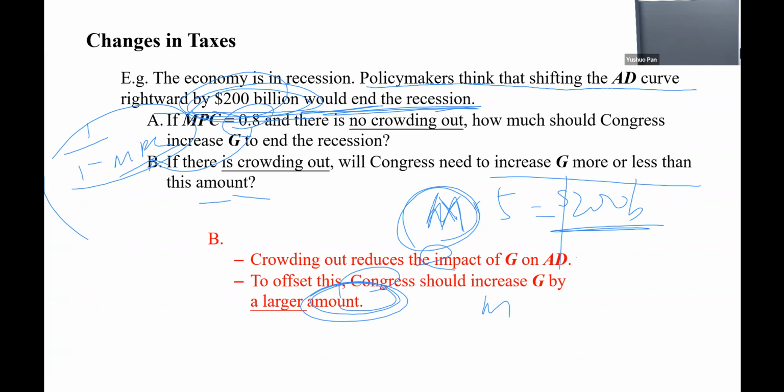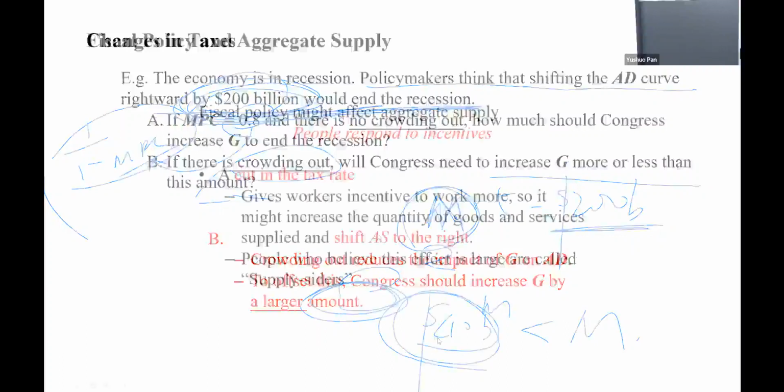So in that case, to offset this, Congress should increase G by a larger amount. Last time we calculated A, the result was $40 billion. So because of this effect, the government should increase G to be higher than that. In that way, the final result would equal this $200 billion.